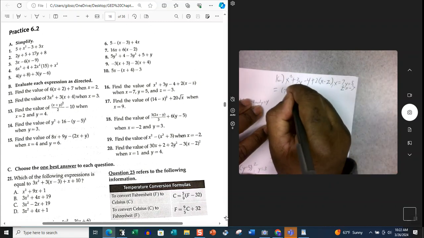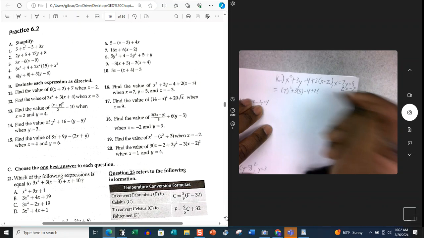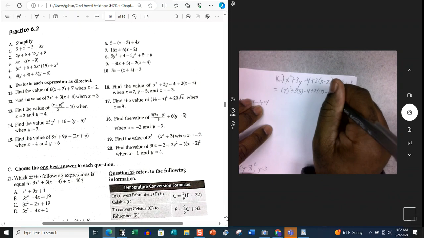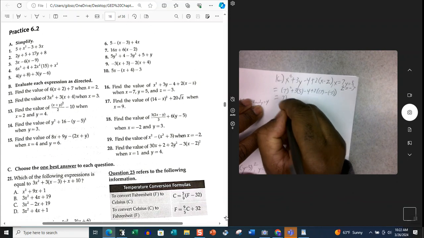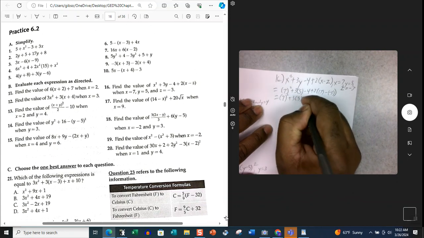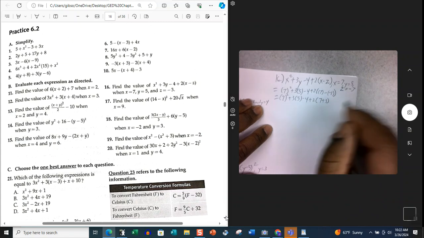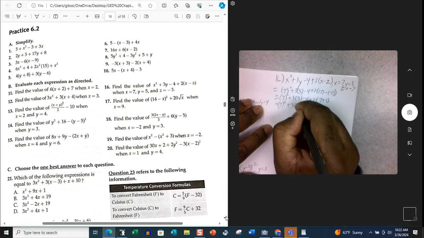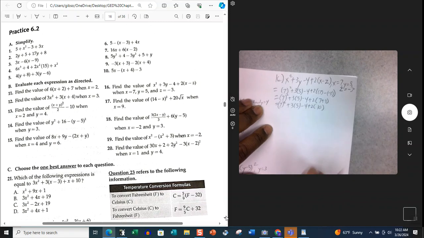X is 7, y is 5, so x is 7, and then z is negative 3. So now we look inside the parenthesis. So we have 7 minus a negative 3, that becomes 7 plus 3. So we have 7 squared plus 3 times 5 minus 4 plus 2. And then 7 plus 3 is 10.